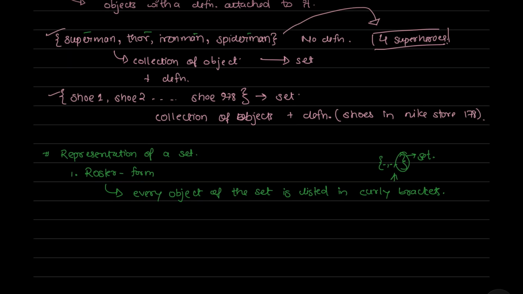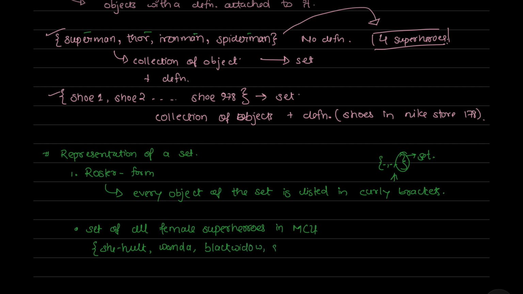For example, if I make a set of all female superheroes in MCU, then what all will you have? You will have someone like She-Hulk, you will have Wanda, you will have Black Widow, you will have Spider-Woman.